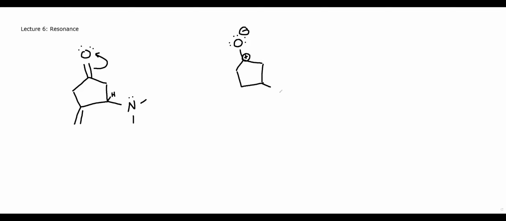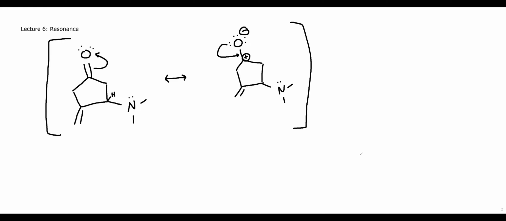The carbon would be positive, and the rest of the molecule is as it was. And that's all we could draw. We could draw the arrows to get us back to our first structure. That lone pair could come back down and make a pi bond. But these are the only resonance structures we have for that molecule. Okay.